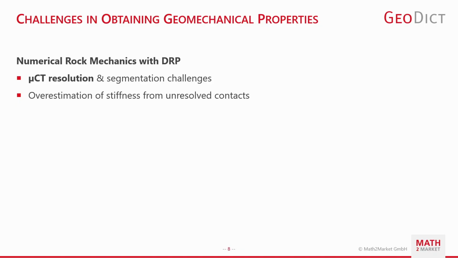So I would say the first challenge with digital rock physics is the micro CT resolution of the scan and some direct segmentation issues, like how much of the porosity you manage to capture, and are there some micropores or grains or minerals that are not properly resolved in your rock model from micro CT scans.